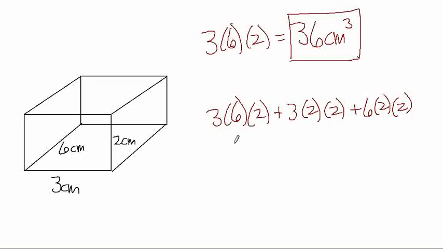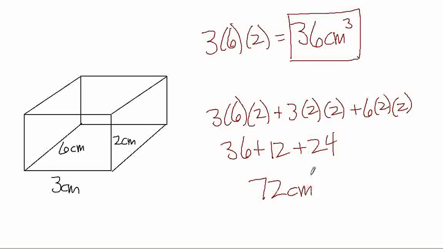So simplifying that expression, I get, let's see, 36 plus 12 plus 24, which is 72 square centimeters. All right?